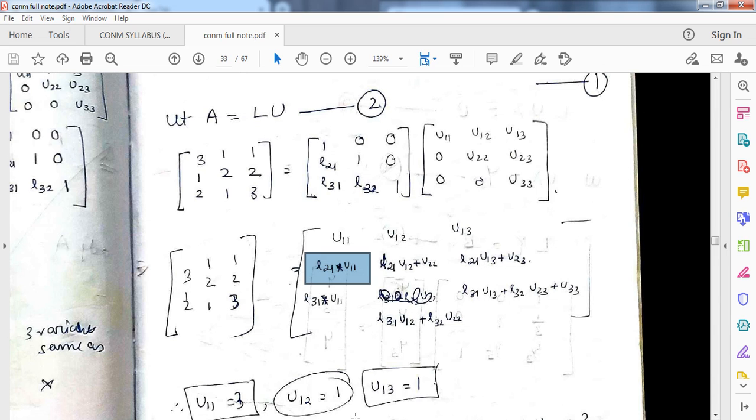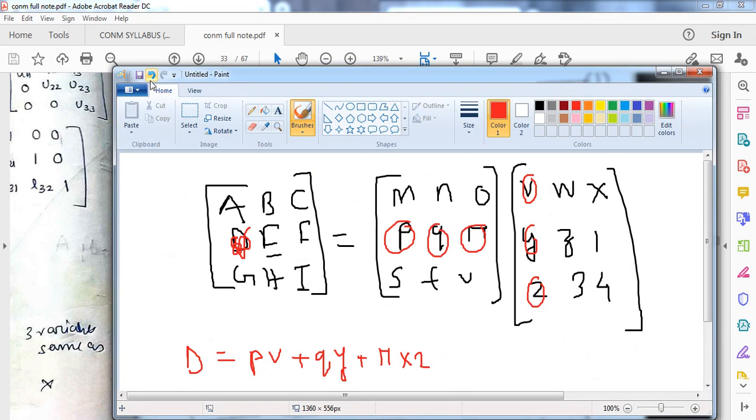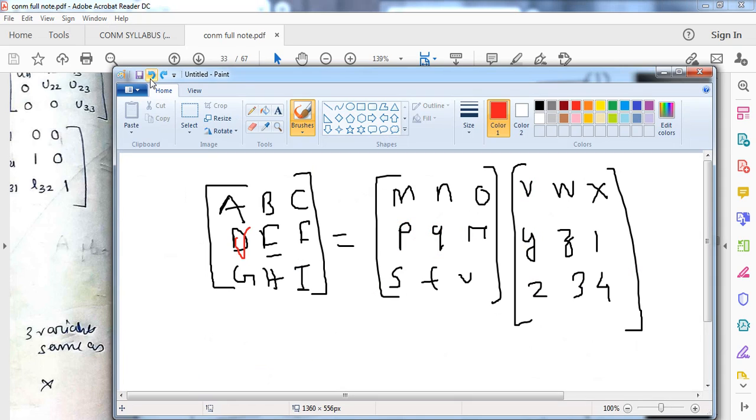If I want the next value, if you want to find out E, you find out E. So this into this: P into W plus Q into this plus R into this.